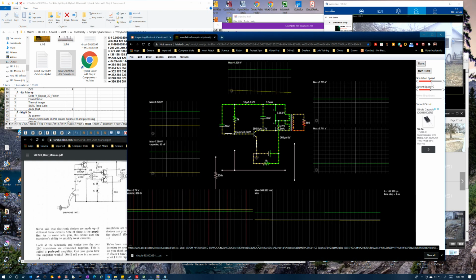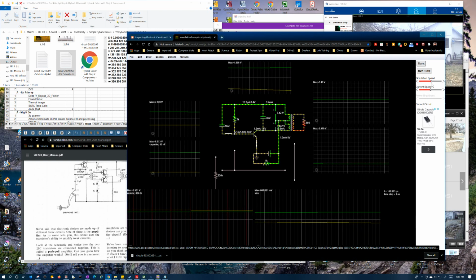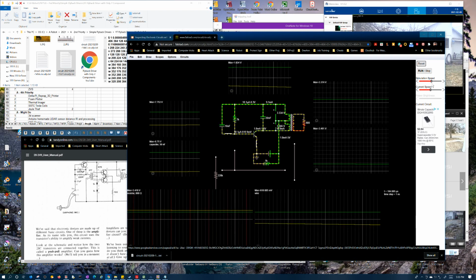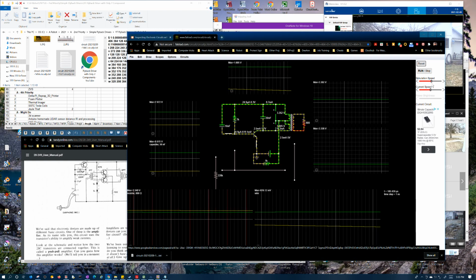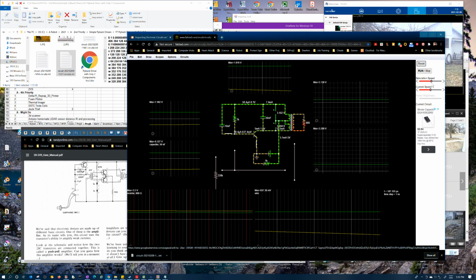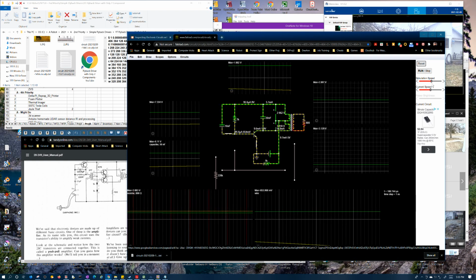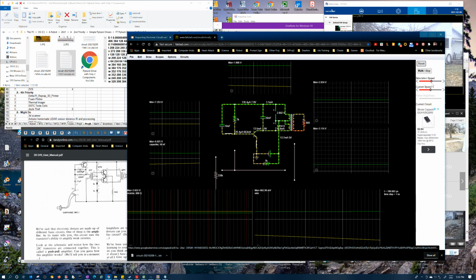Okay, you can see it plunging down to nothing. In fact, it's trying to go negative. Our voltages are really falling now across the coils, as you can see.